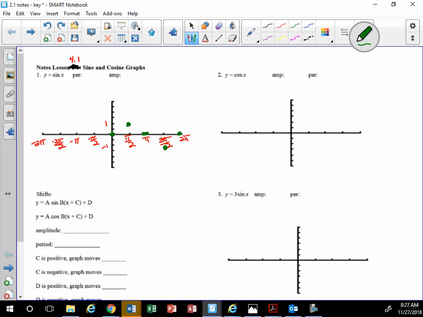Same pattern the whole way through. So this one's -1. 0, +1, 0. Question? All right, is everybody okay with the dots?